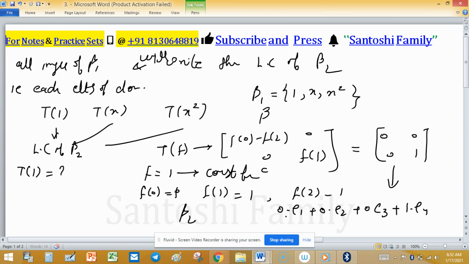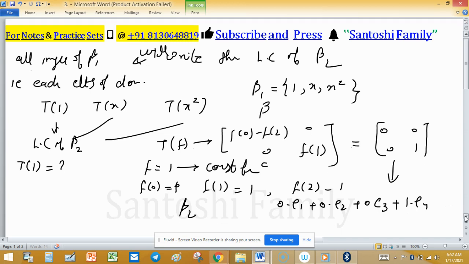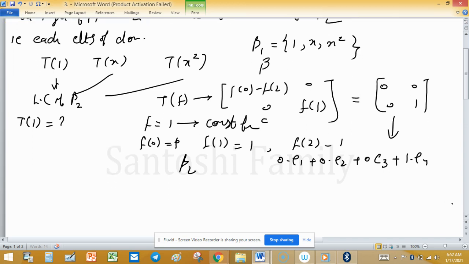Now these coefficients 0, 0, 0, 1 will be the first column of the matrix of T from beta 1 to beta 2.